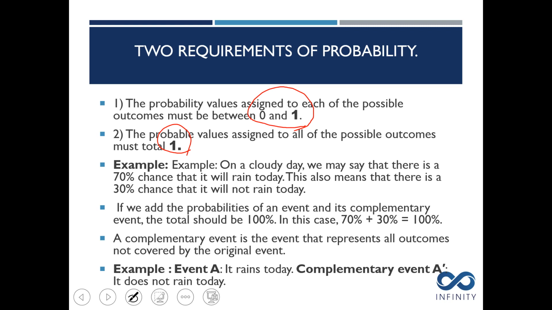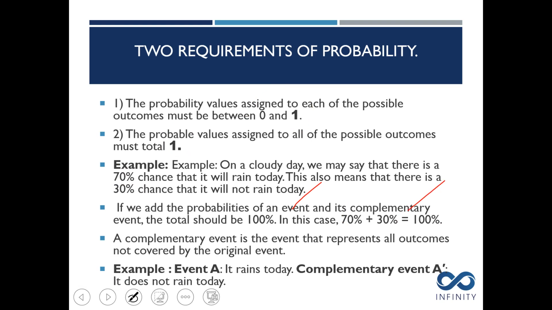For example, when we say there is a 70% chance of rain today, that means there is a 30% chance that it will not be raining today. If you add this 70% and 30%, it has to total 100%. Or we can say the probabilities of an event and its complementary event.